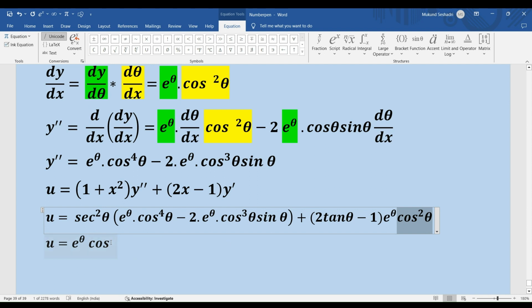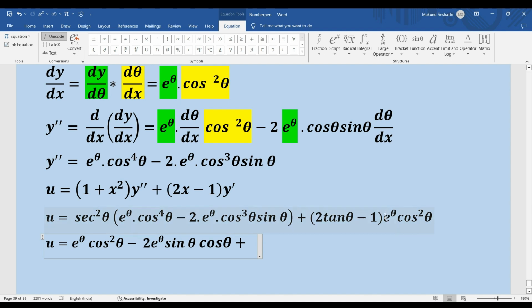Therefore, I can cancel out the cos square with the cos power 4 theta, and I'm left with e to the power theta into cos square theta. And similarly, when I come to the second part of the expression, my secant square theta is 1 by cos square theta, which means I'm left with 2 times e to the power theta into sine theta cos theta, right? 2 tan theta minus 1 into e to the power theta cos square theta, right?